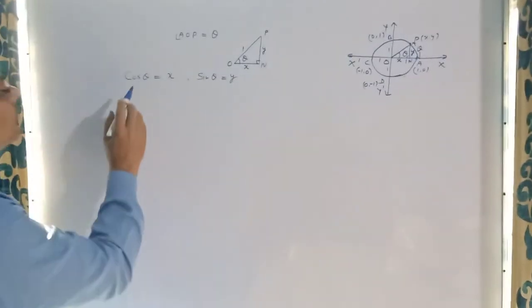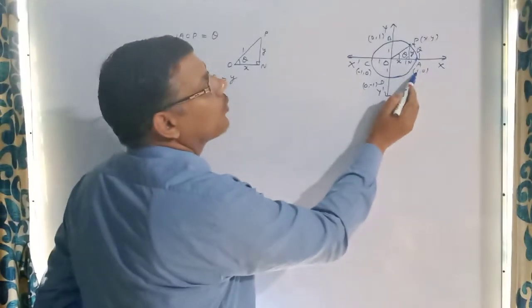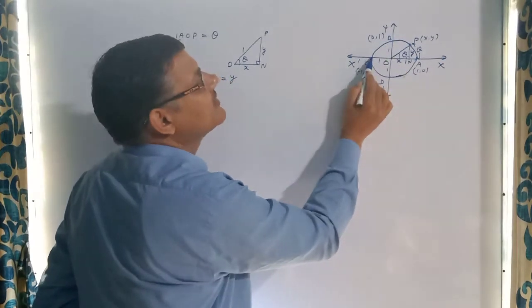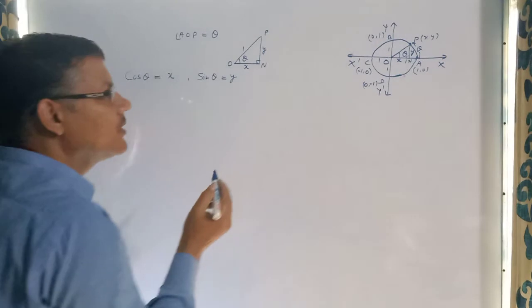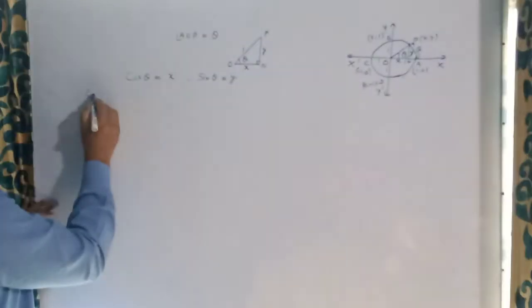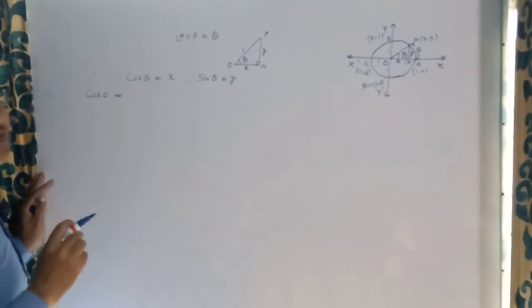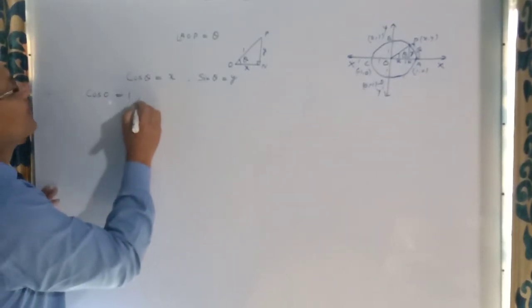The value of x at point A is 1, at point B is 0, at point C is minus 1, then at D it is 0. So here we write cos of 0 at 0 degree. It means at position A its value is 1.